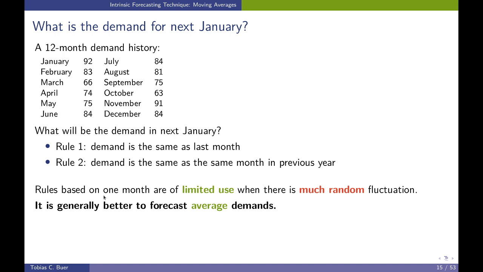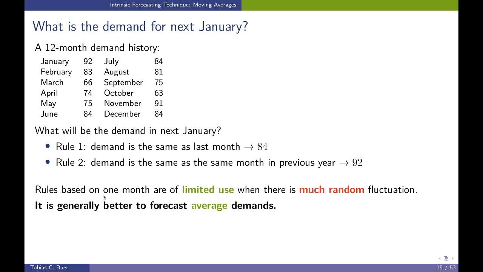Another rule of thumb is we just take the January demand for next year as the same as the January demand from the current year. So in that case, the demand according to rule 2 would be 92. The more random fluctuations in the data exist, the more limited the use of these simple rules is.